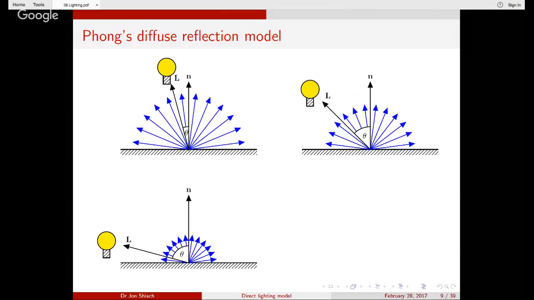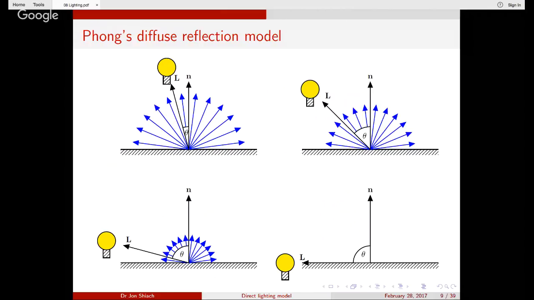Down here, the angle is large, almost 90 degrees, and therefore we have less light being reflected. If the angle between the light source vector and the normal vector is 90 degrees or more, we'll have zero light being reflected.